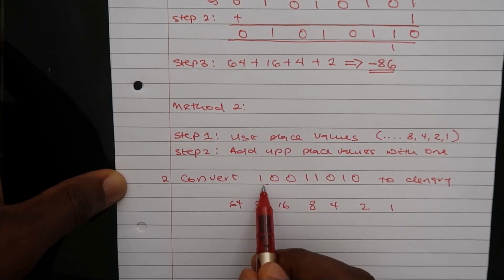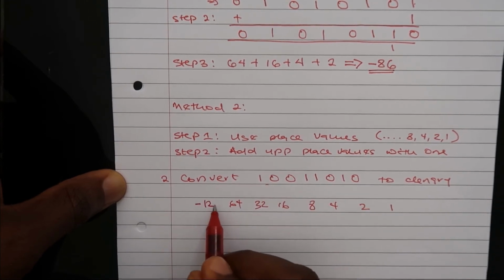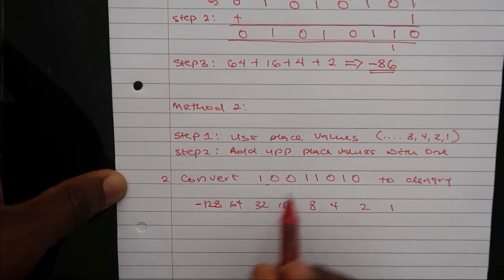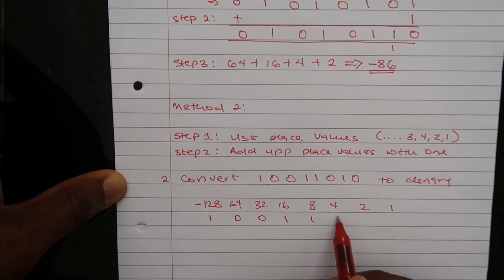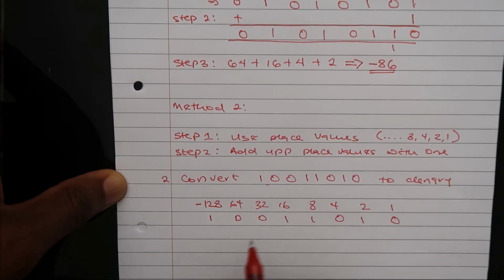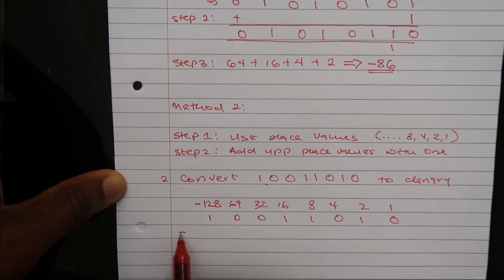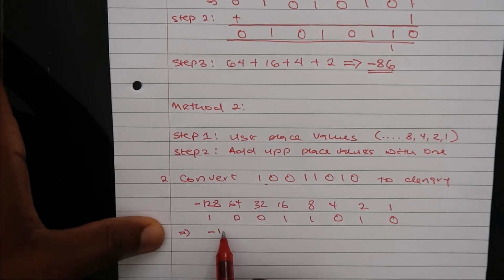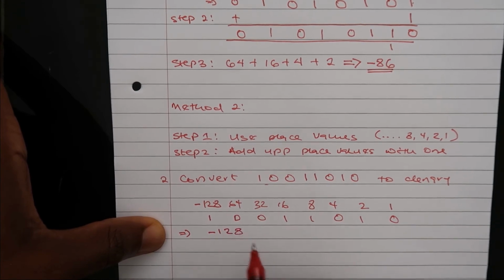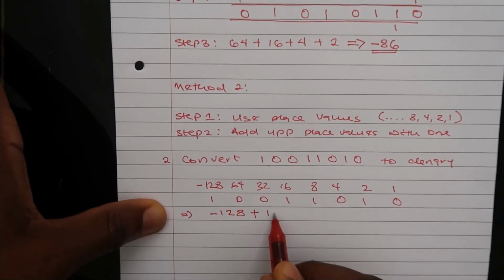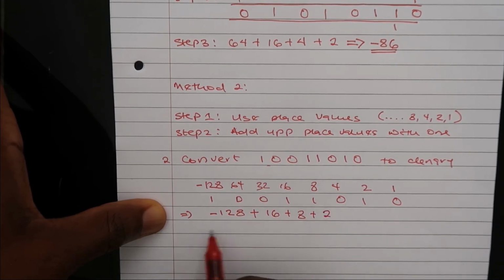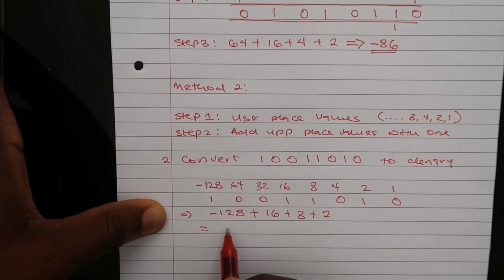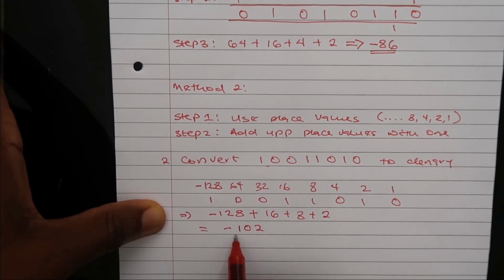It therefore means that my most significant bit is a negative number, so I'm going to say minus 128. So I put the values there. I have 1 0 0 1 1 0 1 0, and if you add all of these together, you would have minus 128 plus 16 plus 8 plus 2, and this will give you minus 102.